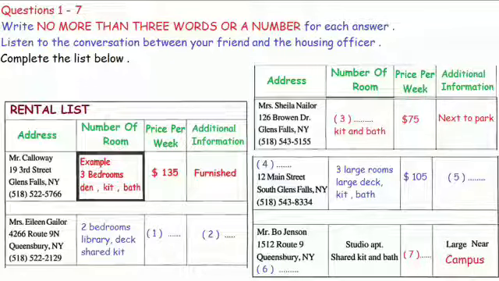Section 1. You and a friend are looking for a place to live. You have a list of places and go to see a rental agent to check on a number of points. Listen to the conversation between your friend and the rental agent and complete the list. First, you have some time to look at questions 1 to 6 on the housing list.